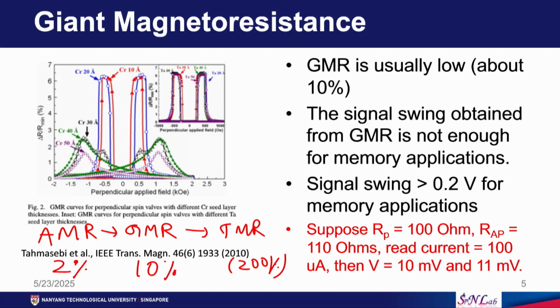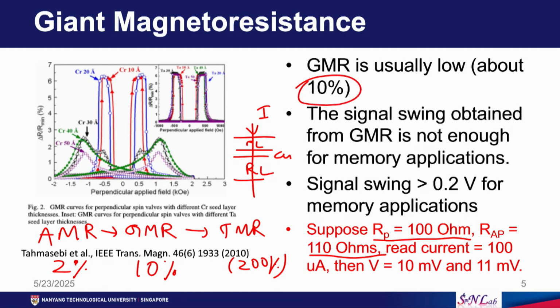When you send a current through a GMR device, let us say you have a free layer, copper, some reference layer, you send a current to read the 2 resistance states of the GMR device. Let us suppose the parallel configuration gives 100 ohms, and the anti-parallel configuration gives 110 ohms. So this is the 10%.